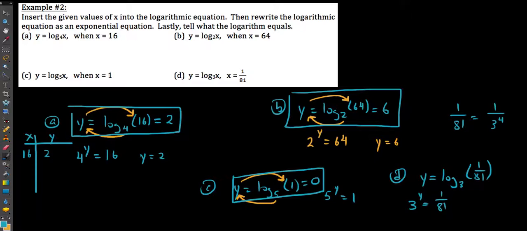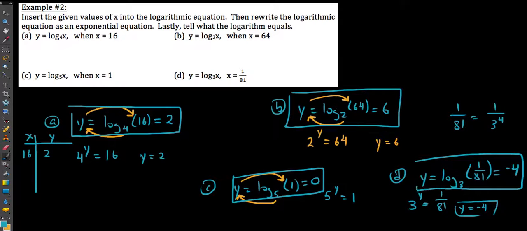The real question is, what can I take 3 to the power of to get 1 over 3 to the positive 4? This y would have to be negative 4. So y equals negative 4, and I would have to raise 3 not to the 4th, but to the negative 4 to get the reciprocal of 81, which is 1 over 81.